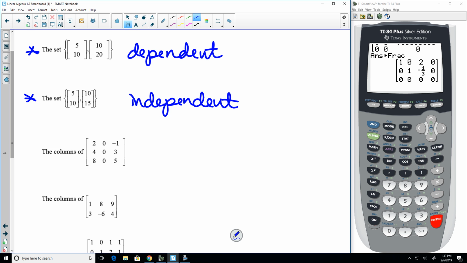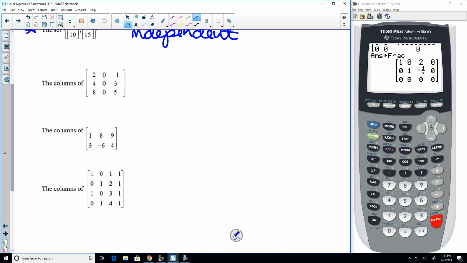What about the columns of this matrix? Are they dependent or independent? Dependent. Because I have a column of zeros, so if one of my vectors is a zero vector, it's dependent automatically. When I row reduce, these zeros cannot change. They will stay the same.